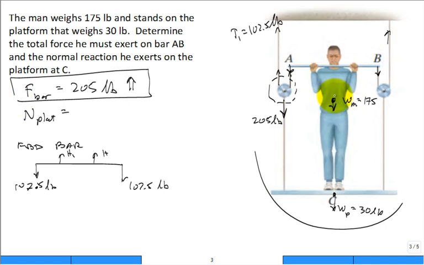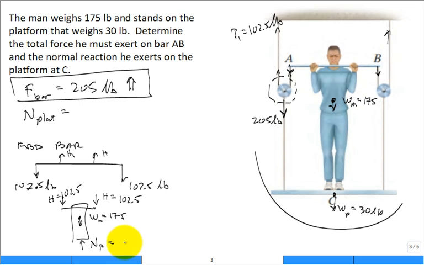You could come in and do the free body diagram of the man. Okay, so the bar is pushing down on each hand with 102.5. Each hand 102.5. We have the weight of the man. The weight of the man is 175. And then from the bottom of the shoe up, we have this normal reaction at the platform. But now, if you put a bathroom weight scale between the foot of the man and the platform, it's not registering a measly 72.5 pounds now.